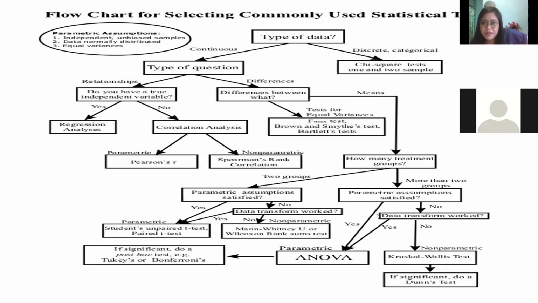Instead, if the parametric assumptions are satisfied, that's the time we use the ANOVA. I don't know if you have heard about ANOVA. It's analysis of variance, but we use ANOVA if we want to know the difference between more than 2 groups. But if the parametric assumptions are not satisfied, we also have the non-parametric equivalent of ANOVA. We call it the Kruskal-Wallis test.